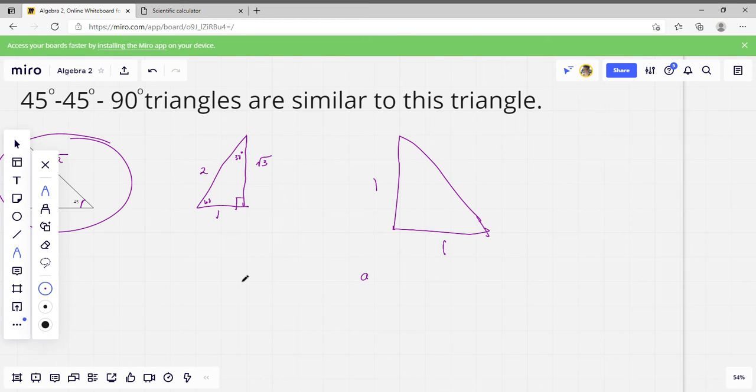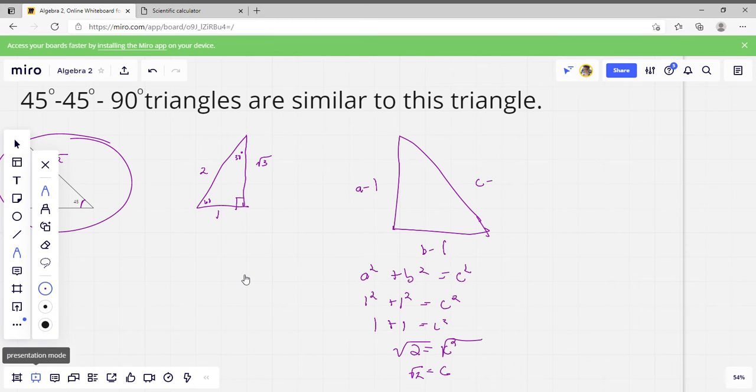If we have a squared plus b squared equals c squared, this will be our a, here's our b, and here's our c. So we would have 1 squared plus 1 squared equals c squared. 1 squared is 1, plus 1 squared is 1, equals c squared. 1 plus 1 is 2 equals c squared. You square root that, and c is equal to the square root of 2. Super easy.